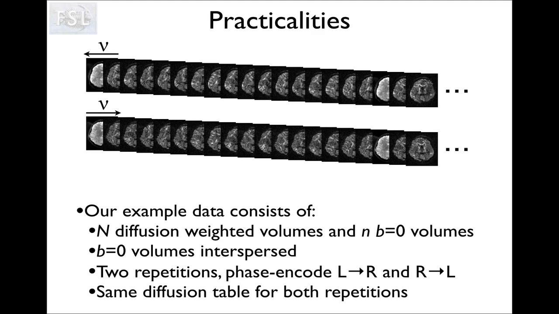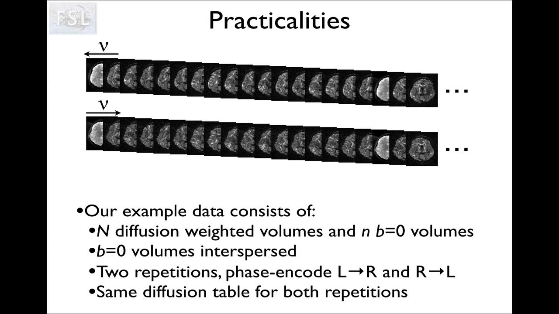Now I should stress that it's not necessary to repeat the whole diffusion acquisition. It was something we did in the EDDY-data, because when we were making the decisions about how to acquire them, we didn't yet know how difficult it would be to correct for these distortions, and we thought that if we had both directions, then it would be easier for us.